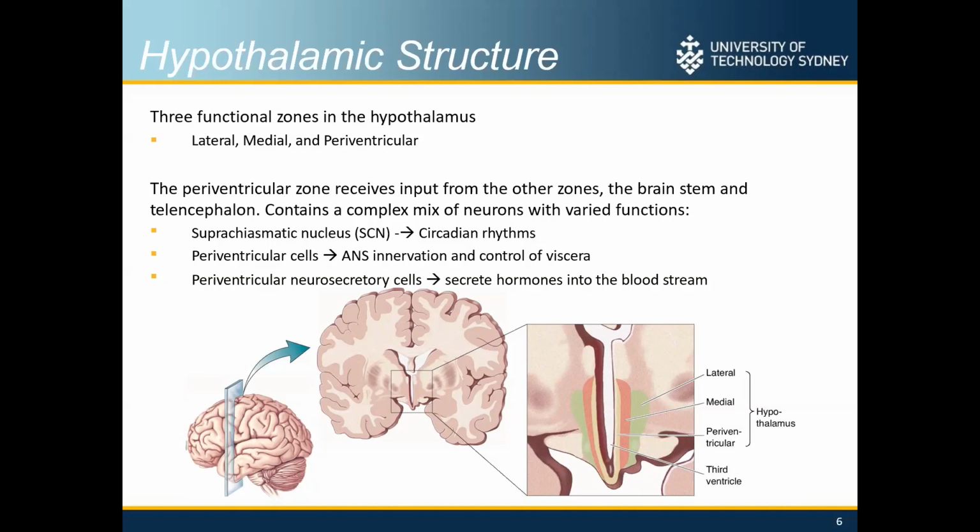And the last one on this slide looks at the periventricular neurosecretory cells that modulate the secretion of hormones in the bloodstream. So this last part in the slide talks about the coverage of the nervous system on the endocrine system.